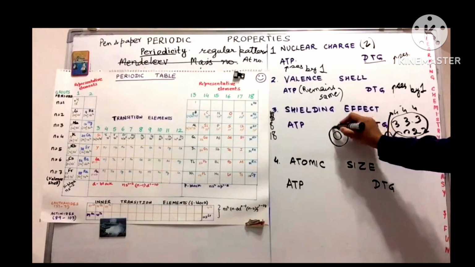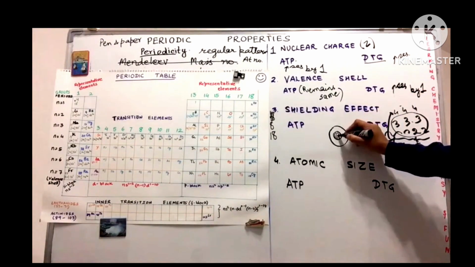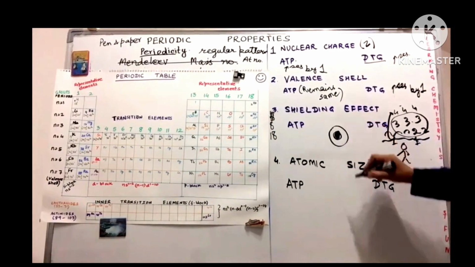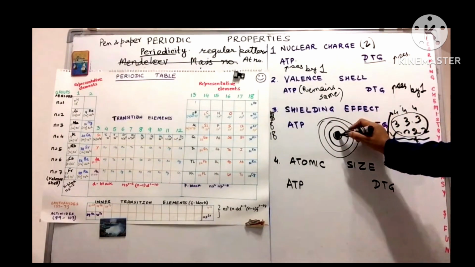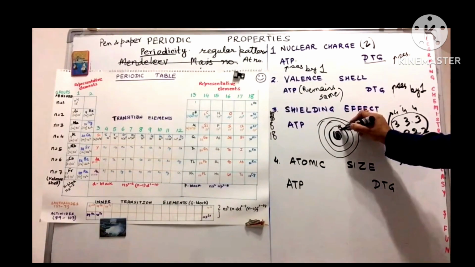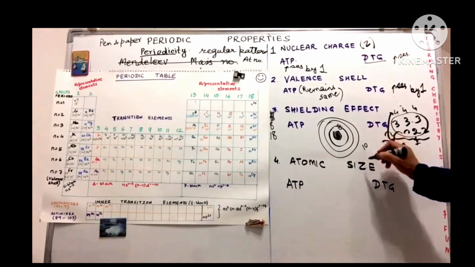I am not drawing the 3D model nor the quantum mechanical model. I am just explaining with a simple example where I have got the nucleus. The nucleus has the protons. The electrons are present at certain distances. Let's suppose the force of attraction between the nucleus and the electron in the first orbit is, let's say, 10.